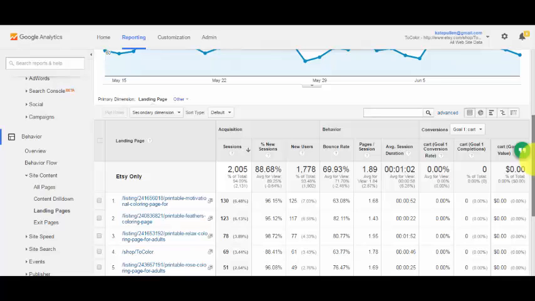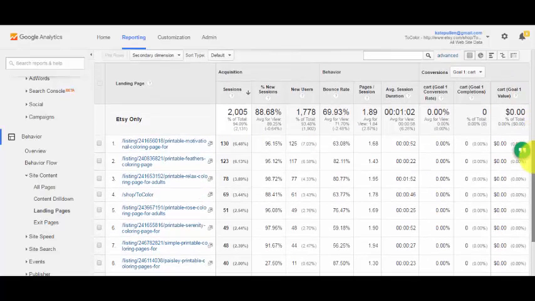And I'd like you to pick 3 or 4 products, starting with listings, and see if you can improve some of these metrics here. You could also work on improving where visits came from.